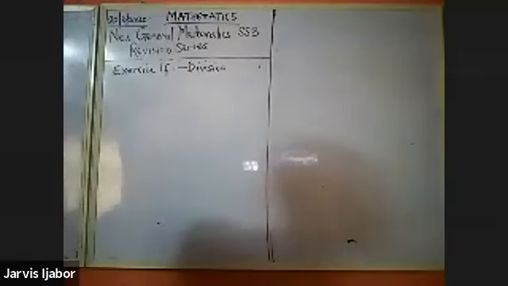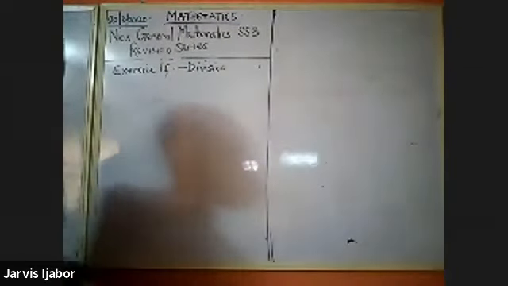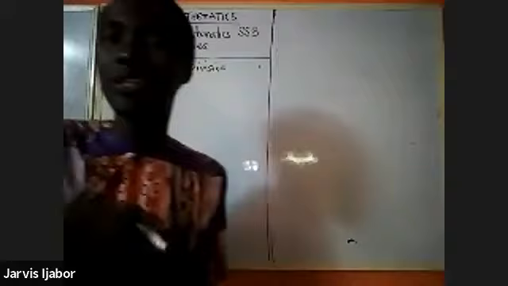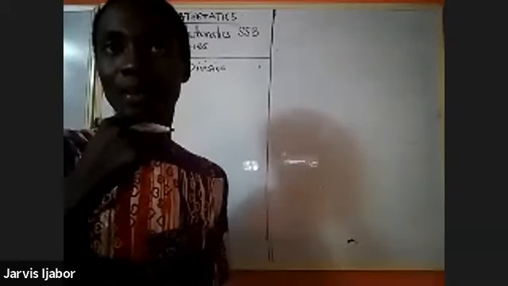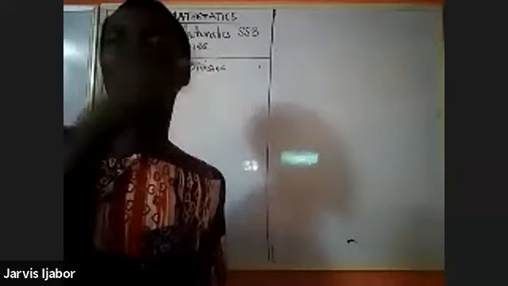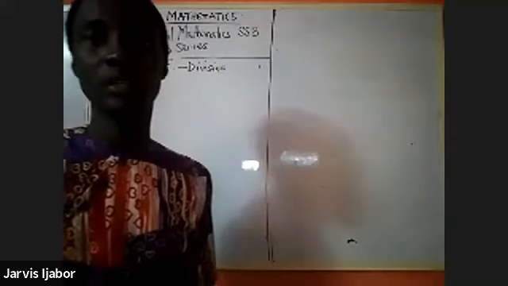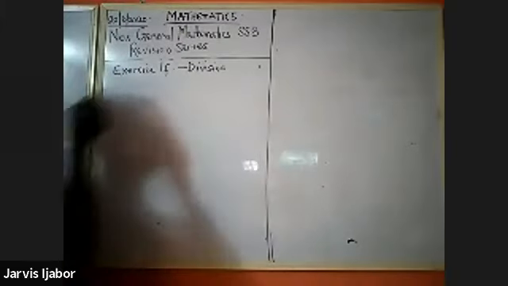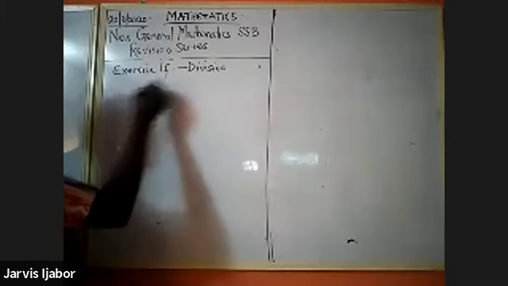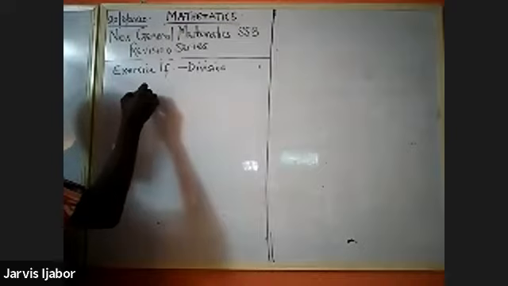In surd, we talk about division when the surd is on the denominator, or on the numerator and denominator. Let me explain what that means. Look at this. Please look at this.